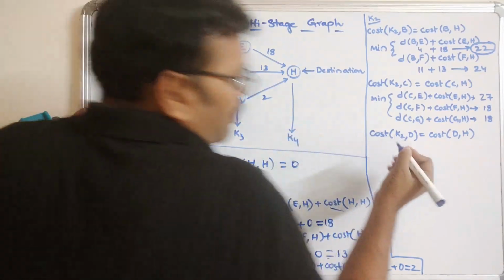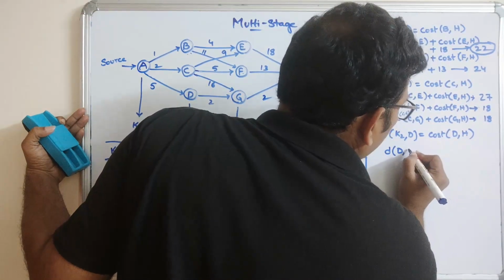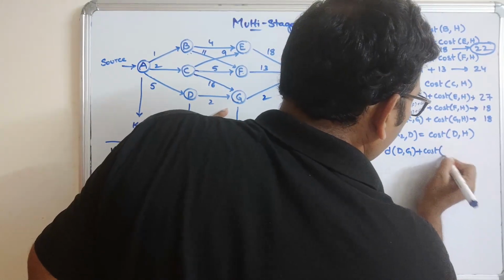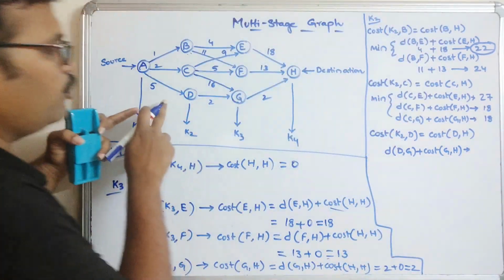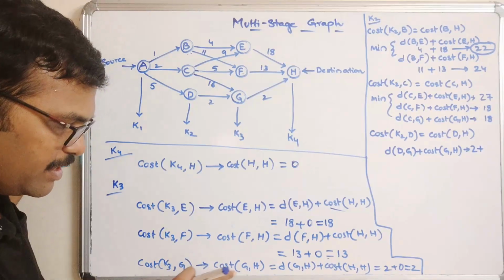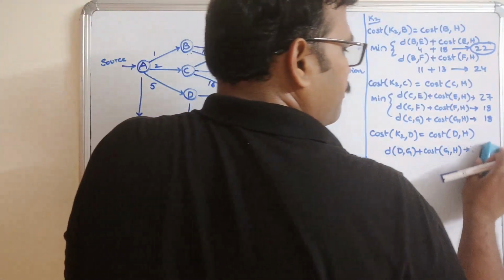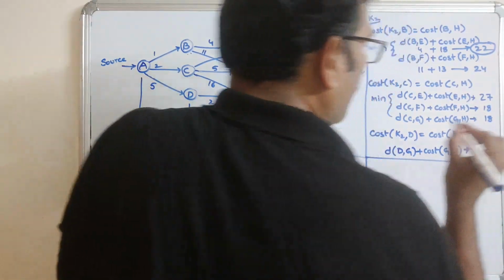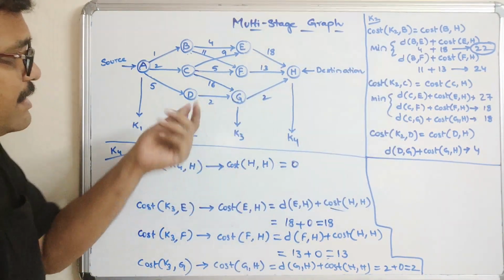So we can write it as D of D to G plus cost of G to H, which is 2 plus cost of G to H, again 2. So 2 plus 2 is 4, right?